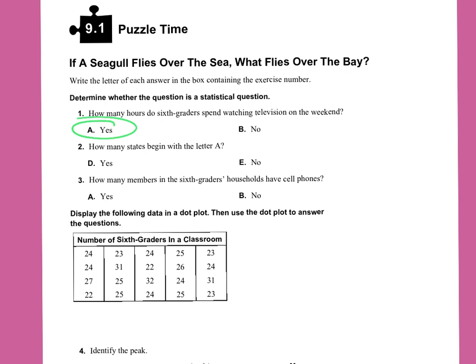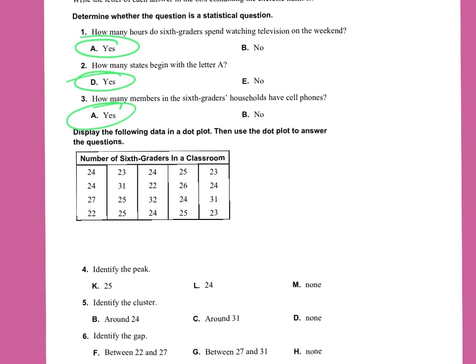So yeah, I'm getting back various answers. So yes. Number three, how many members in the sixth graders' households have cell phones? Am I going to get back different answers for that? Yeah, I am.